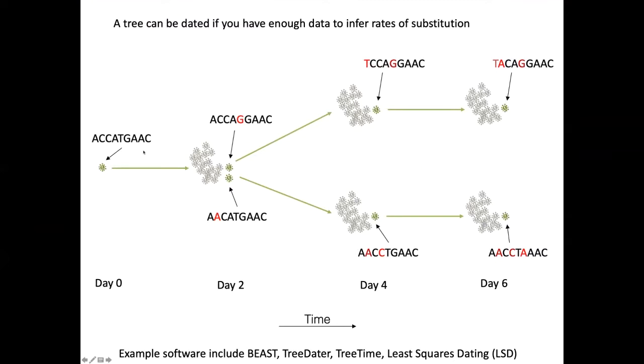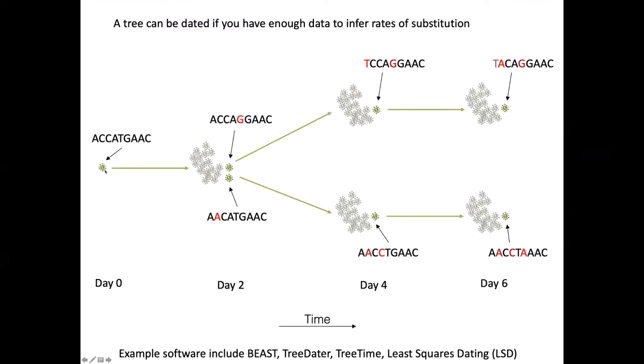And here, if we had a very strict molecular clock, which told us that we had one substitution every 2 days, you could date the events on this tree as being the split happening on day 2 and the overall ancestor being on day 0.